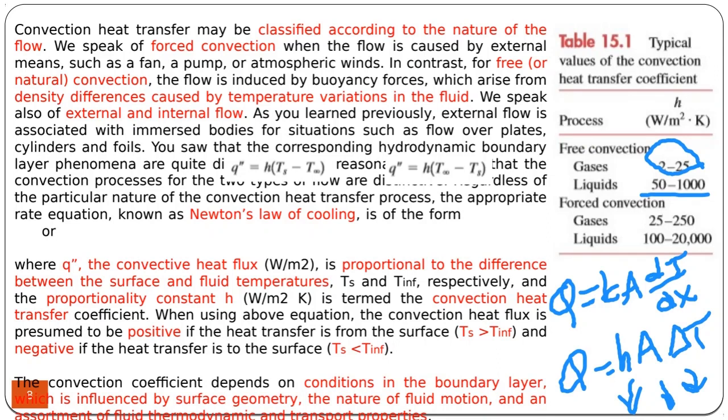If we are using an equipment such as a pump or fan to move the fluid, it's called forced convection. But if the convection, the fluid motion takes place by itself, it's called free convection.